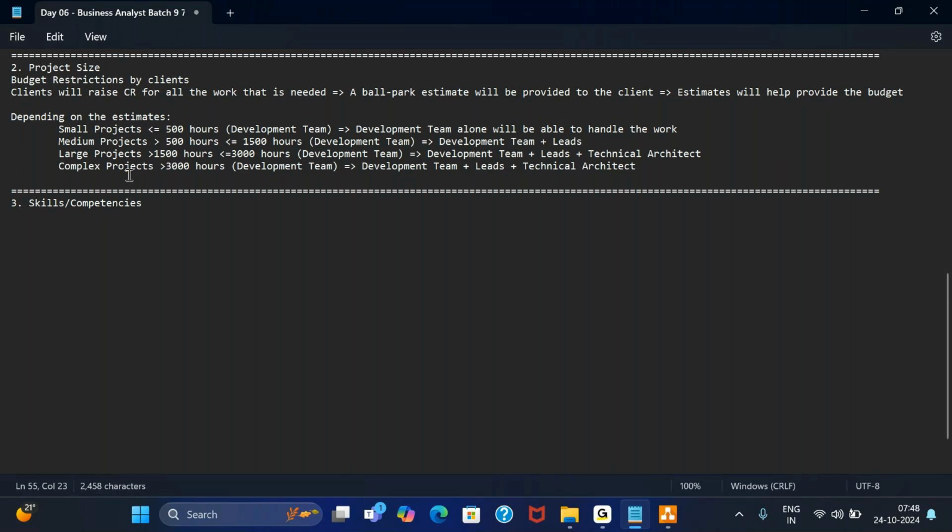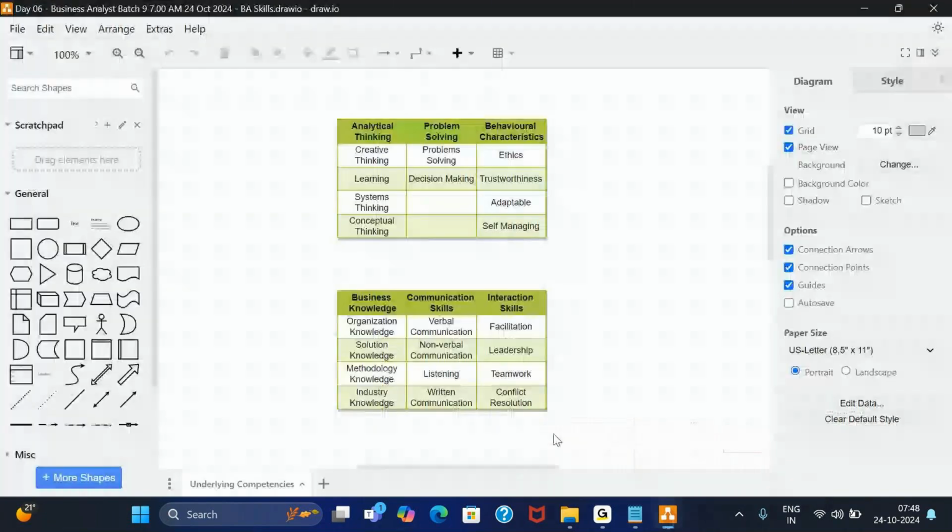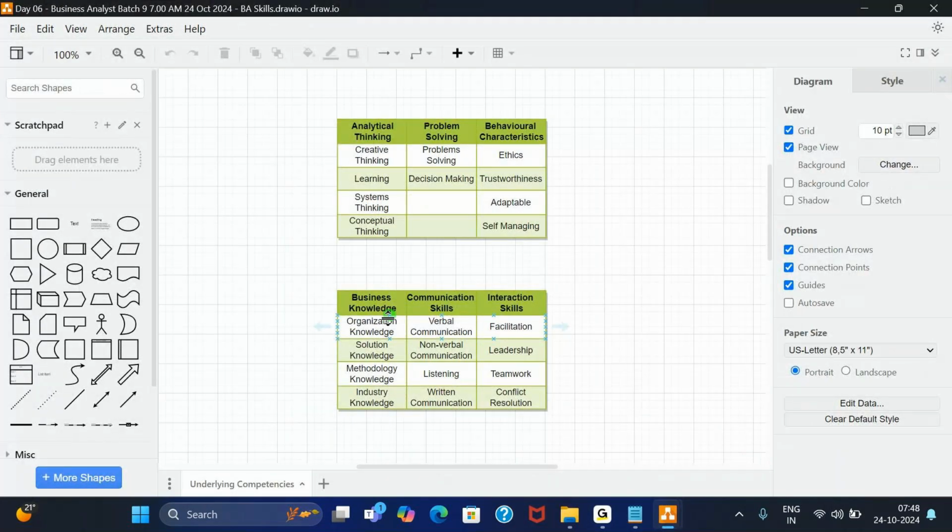You have to ensure that you are proactively working with these stakeholders to keep them updated. All these kinds of work that you do as a BA obviously require a certain level of skills. Now what are those skills that are actually needed for you to do your job effectively?